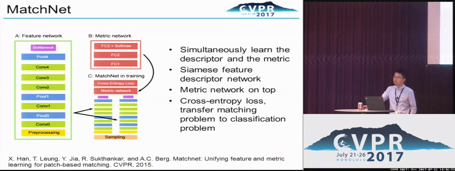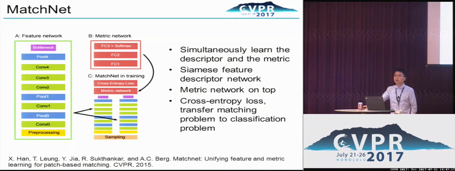Accordingly, it contains two networks. One is a Siamese feature network, which is in charge of extracting feature descriptors of the two input patches, while the metric network is on top of the two features and outputs their matching score.